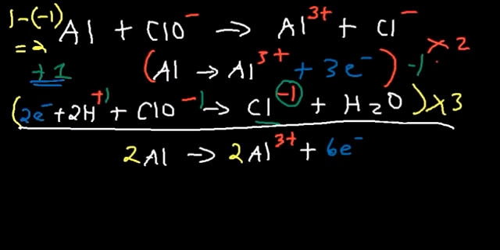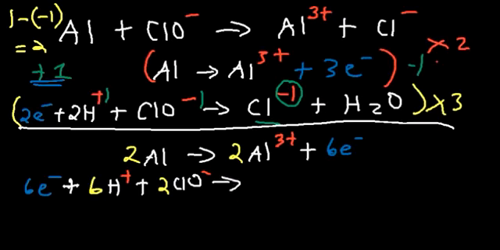Now on the bottom, we have 6 electrons plus 6 H plus ions, plus 2 hypochlorite ions, yielding 3 chloride ions and 3 H2O molecules.